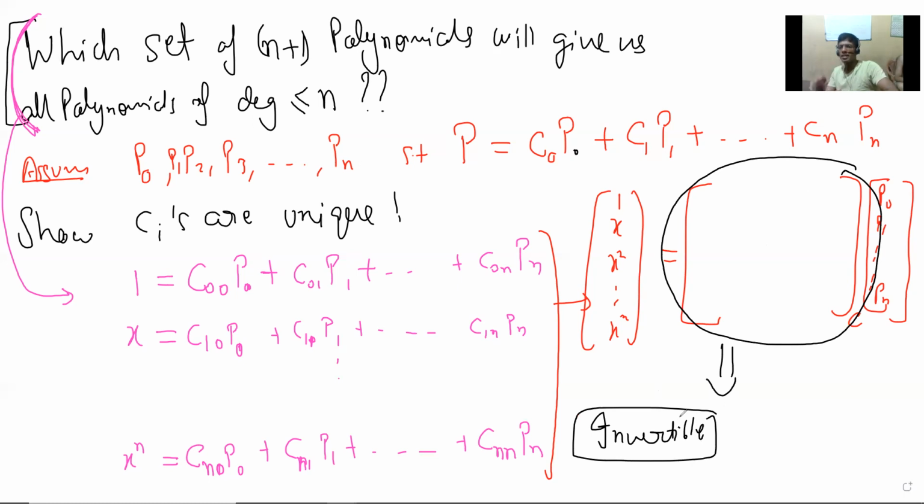Yeah, if this matrix, I mean, it's not clear what question I'm trying to ask. That is a problem. So if you have these n+1 polynomials, the question really is, when will they give you all? I'm mixing up two things here. The question is, when will they give you all polynomials?